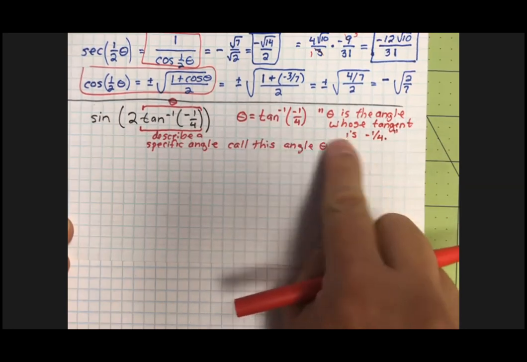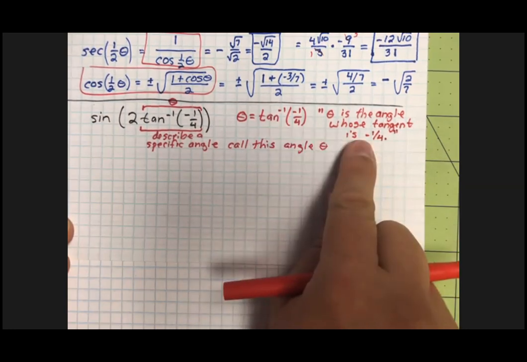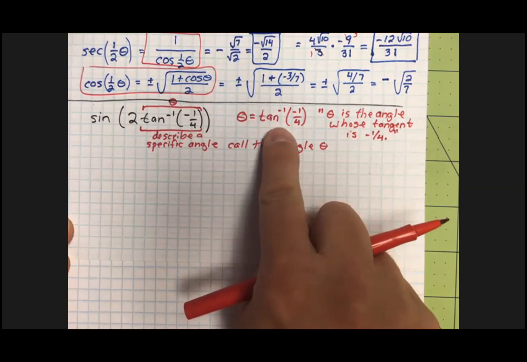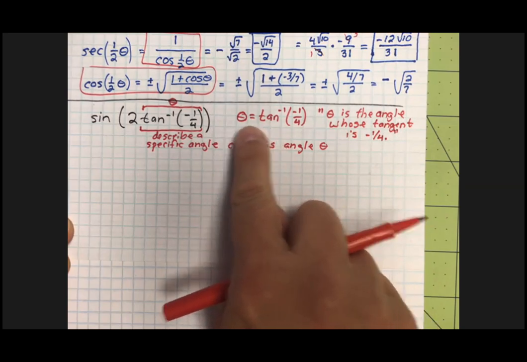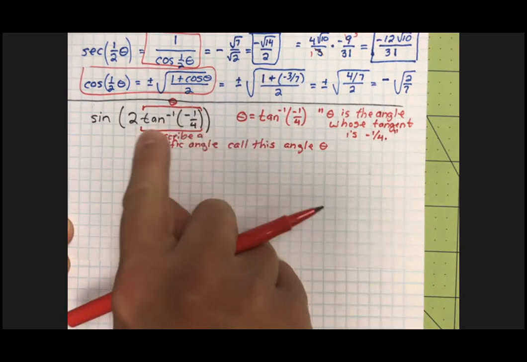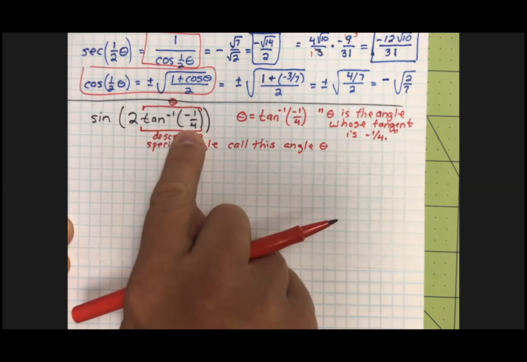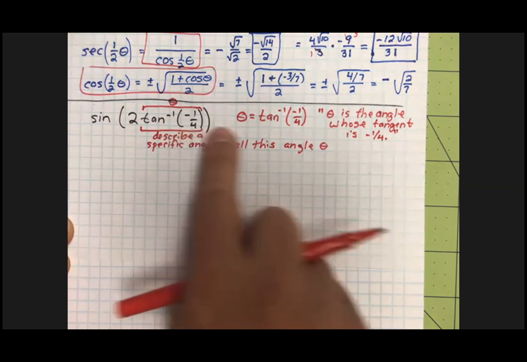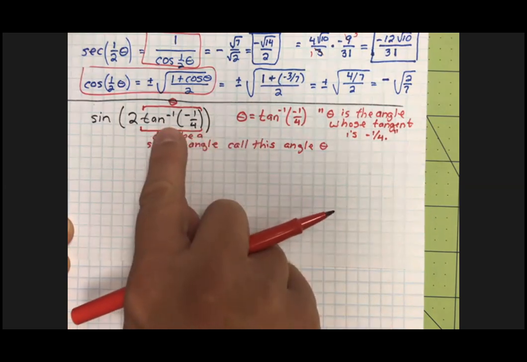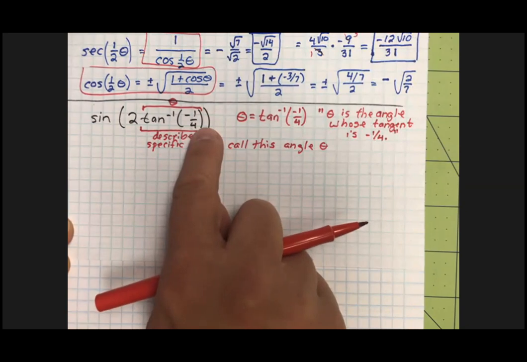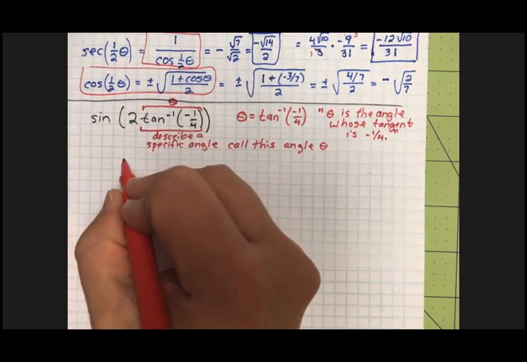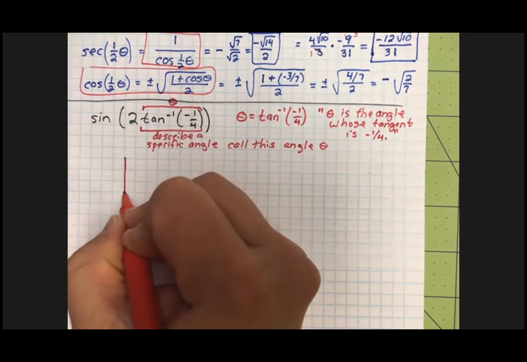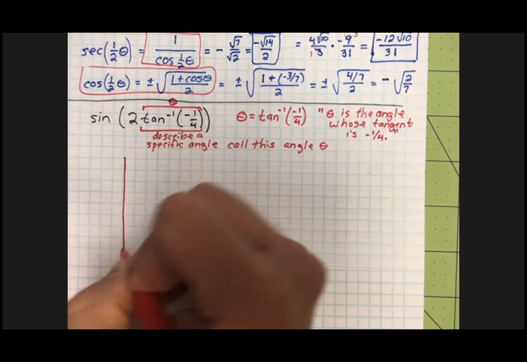Practice saying inverse functions exactly like that. Cosine inverse, secant inverse, tan inverse, cotangent inverse, whatever inverse function. When someone describes an angle to you with an inverse trig function, then they're saying that this is the angle whose tangent is minus 1/4. And from that, I can draw the angle and find the value that they ask of me.